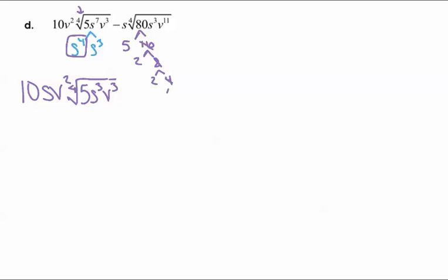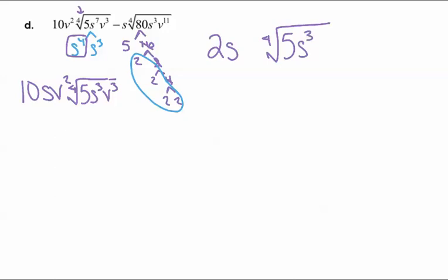and break it all the way down until you see that we do in fact have 4 2's. So that means that this is going to become a 2 on the outside. We still have that s on the outside, and then we're going to be left with a 5 on the inside. Now we're also going to be left with that s cubed that's on the inside, and we have to try to break up this v to the 11th.